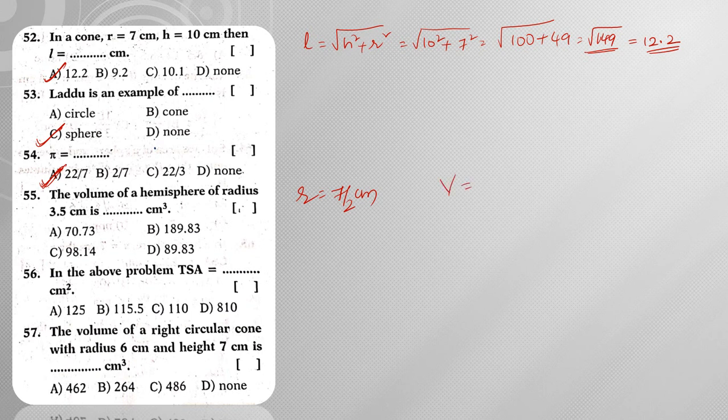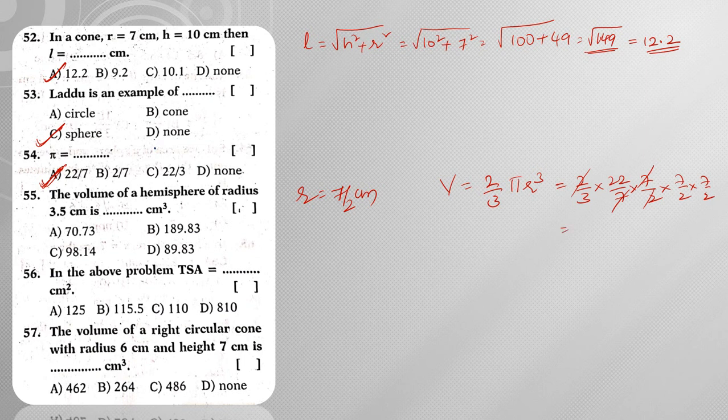Next, volume of hemisphere. Volume of hemisphere is given by 2/3 pi r cube. Now substituting the values: 2 by 3 into 22 by 7 into r cube. So r cube means 7 by 2 into 7 by 2 into 7 by 2. Now one 7 gets cancelled, one 2 gets cancelled.